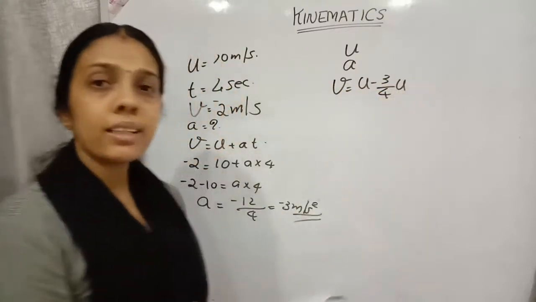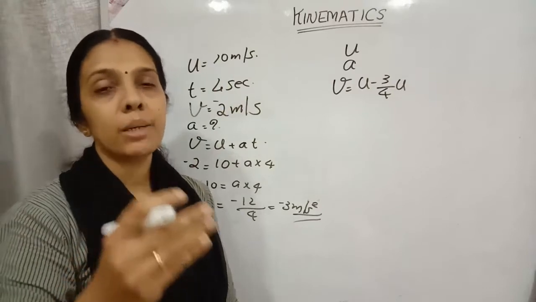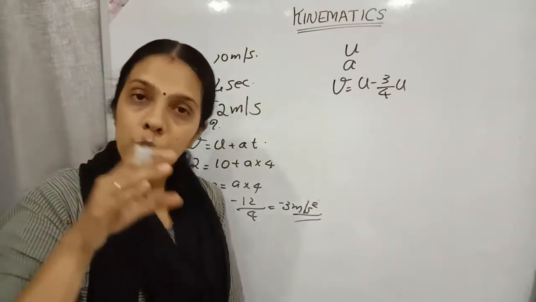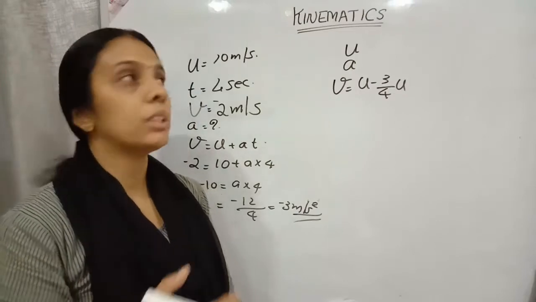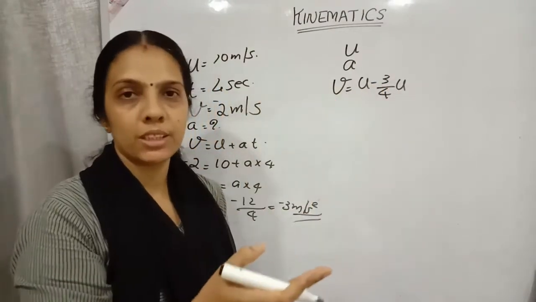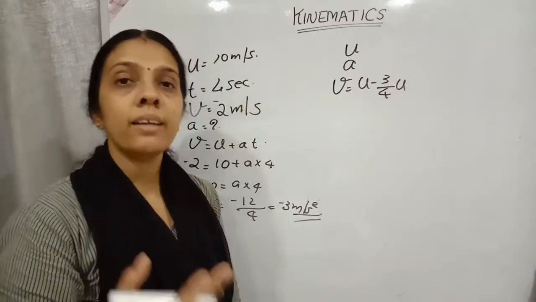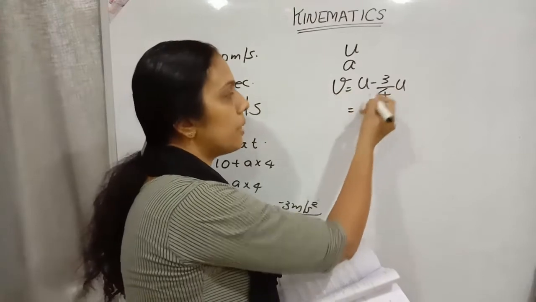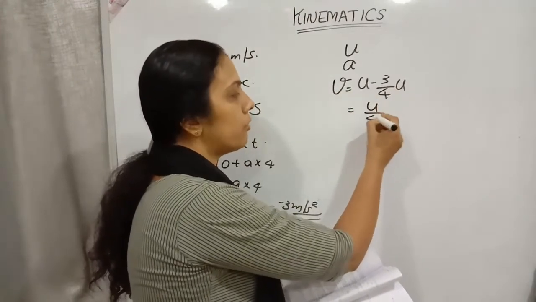It is given that it reduces by 3/4 of the initial velocity, so the final velocity will be equal to u by 4.